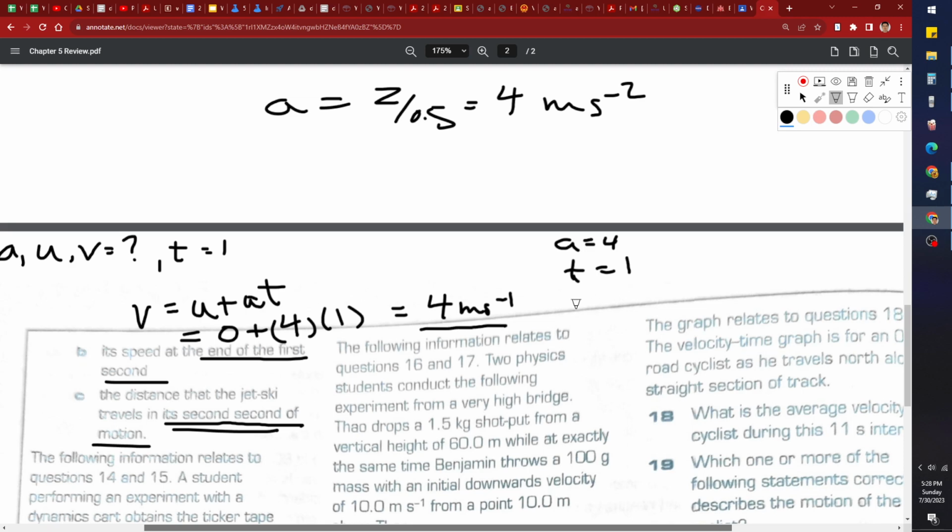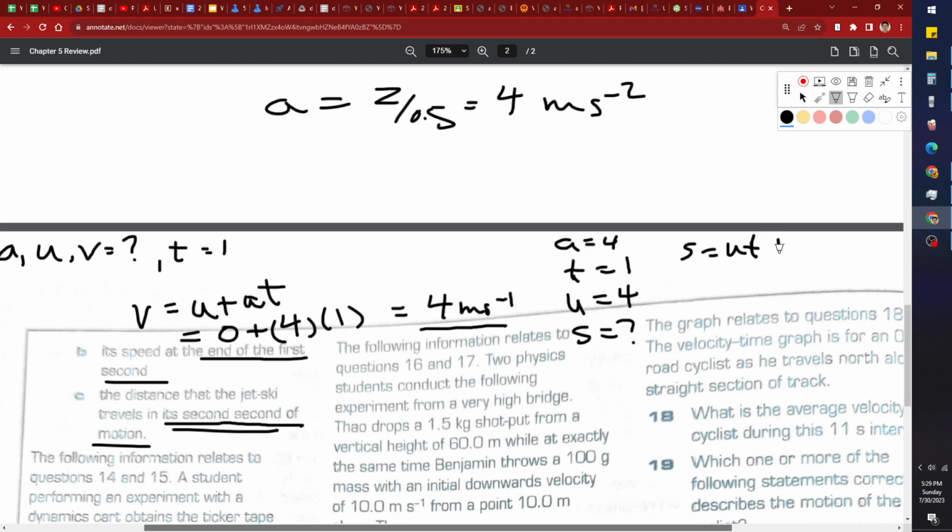So that will be our new initial velocity. And we want to find the distance it travels during that second. Okay? Well, we know it started at 4. We know it traveled for the next 1 second. And so we use this equation again.